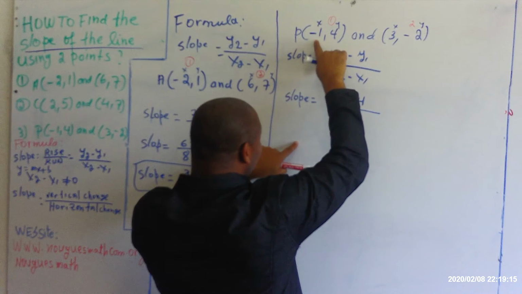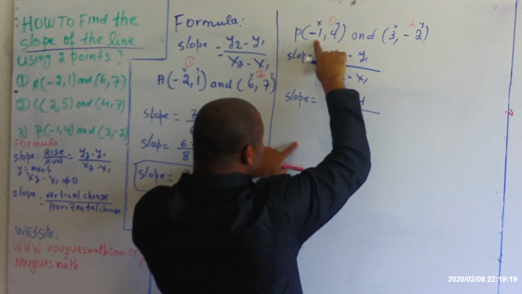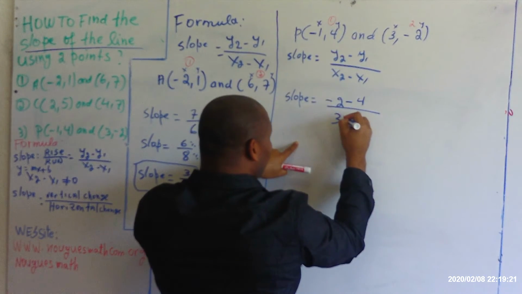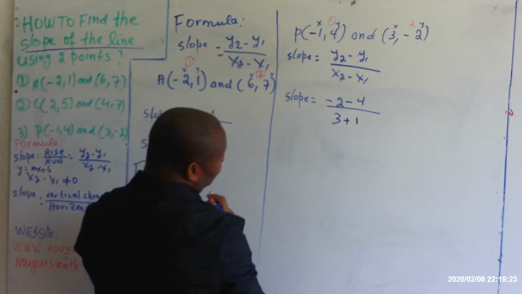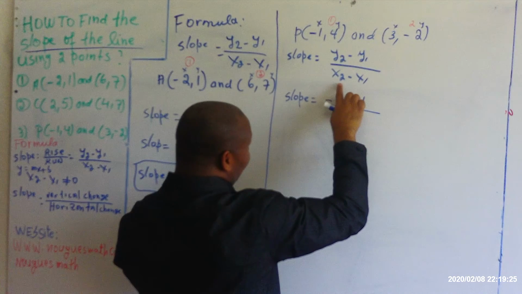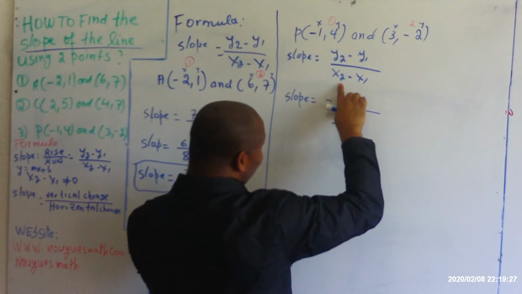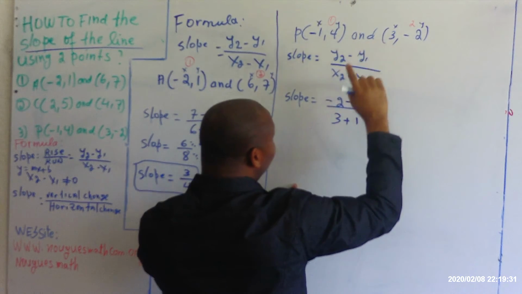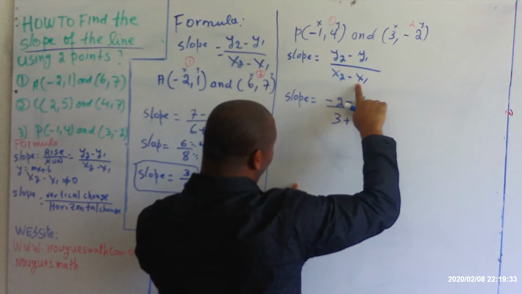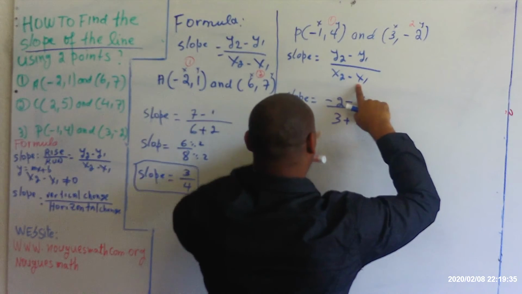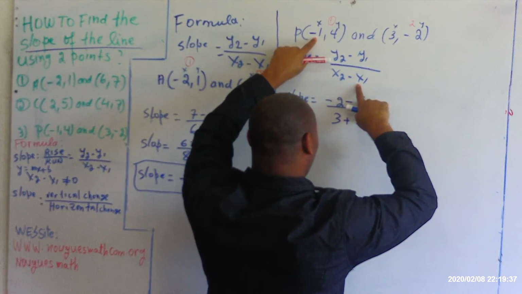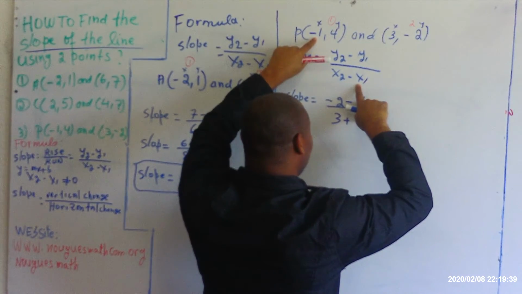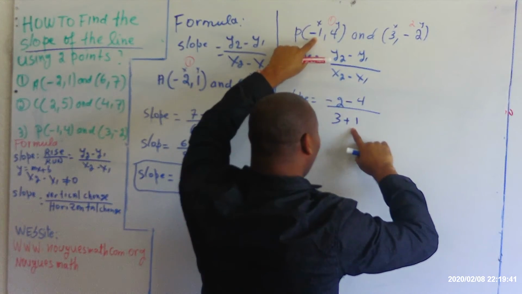Because there is already a negative sign right here, it's going to be positive 1. So x2 is 3, this will be 3 minus x1. x1 is negative 1, and because there's already a negative sign, it's converted to positive 1.